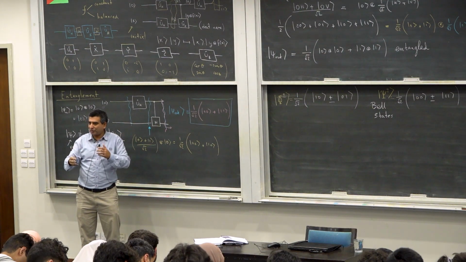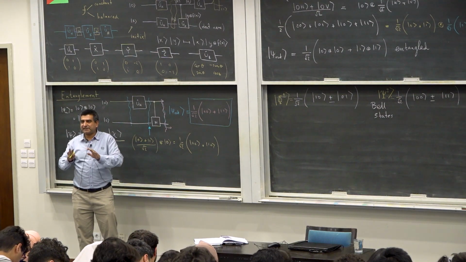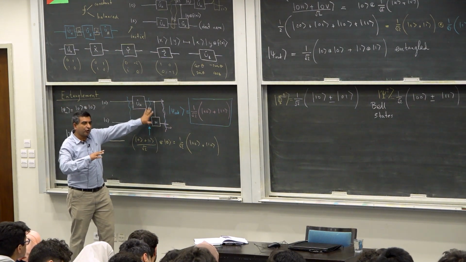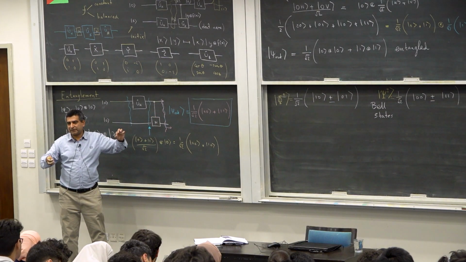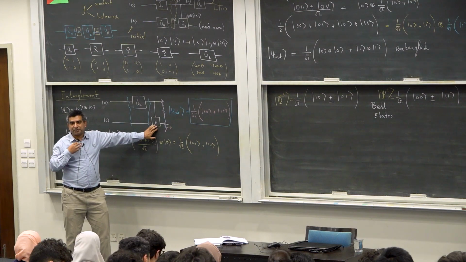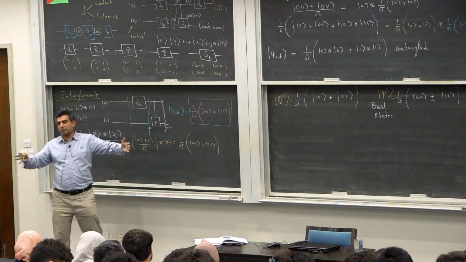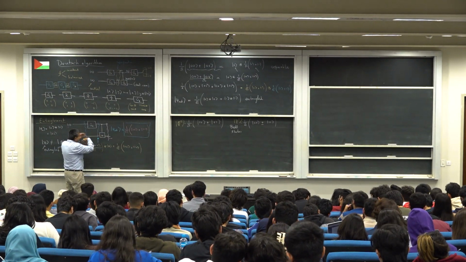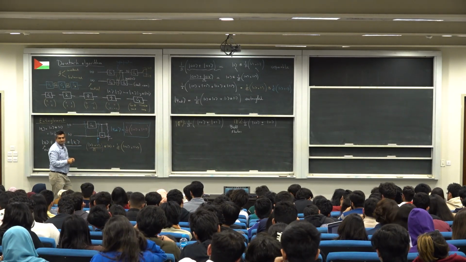So you need to have a controlled operation. 1 qubit operations on separable states cannot create a Bell state. So you need a 1 qubit operation followed by this controlled gate which creates correlation between the 2 qubits. The reason is it changes 1 qubit by looking at the other. So it creates a correlation. So this circuit that you have here creates a Bell state. It's a Bell state generator circuit.